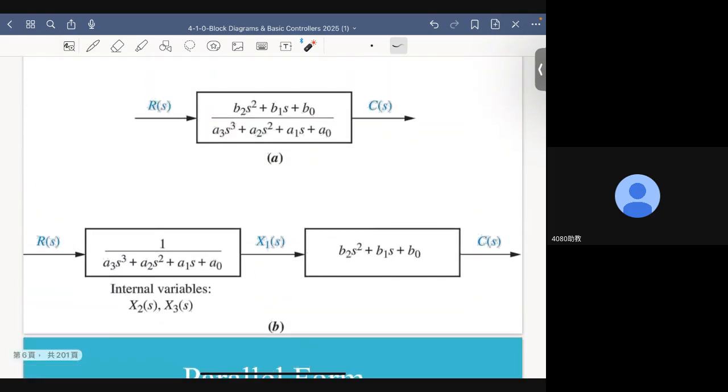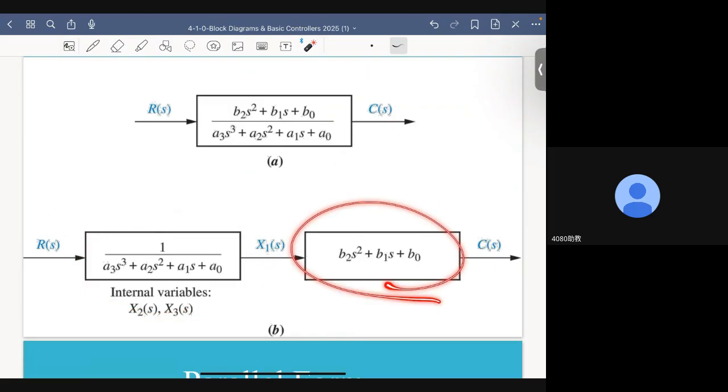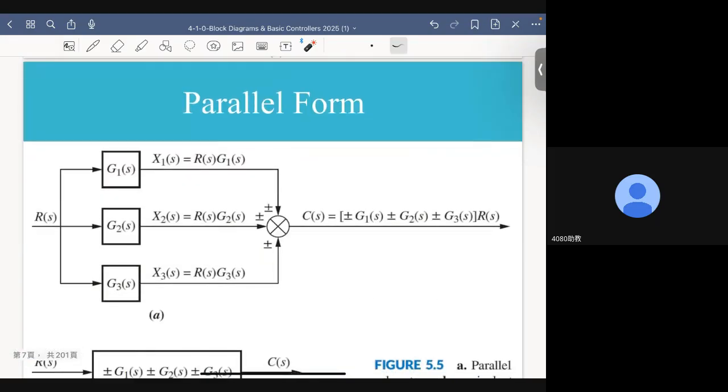We can think of the denominator as one subsystem cascaded by the numerator. That's another way to look at the problem. Now, of course, we can connect subsystems in series, and we can also put them in parallel form.